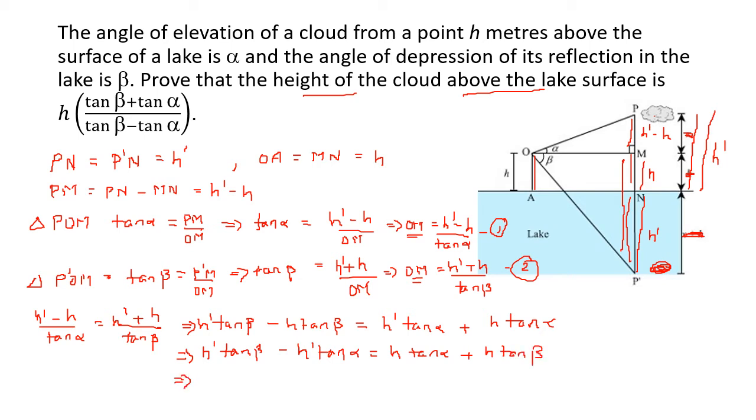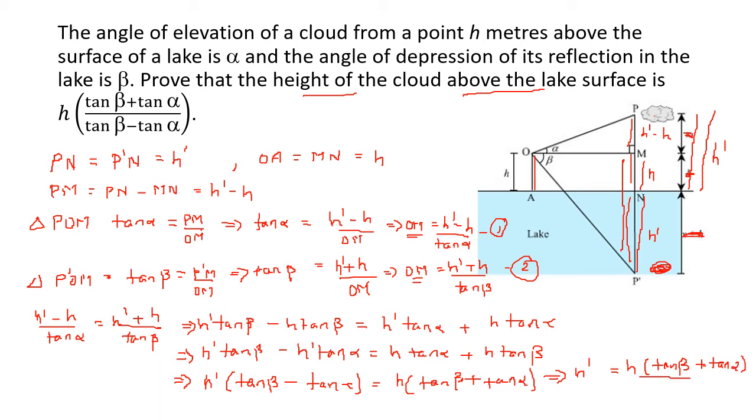Taking out common, we have h prime, we take out common, so tan beta minus tan alpha equal to h common tan beta plus tan alpha. Because it is plus, I have just rearranged, and this implies h prime equal to h tan beta plus tan alpha upon, moving to the other side, tan beta minus tan alpha. And hence we have proved the sum.